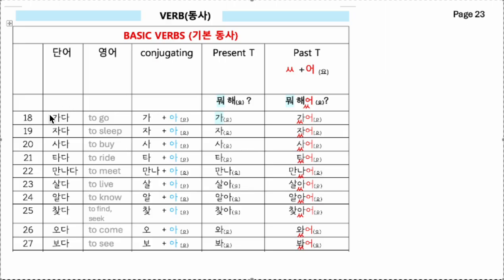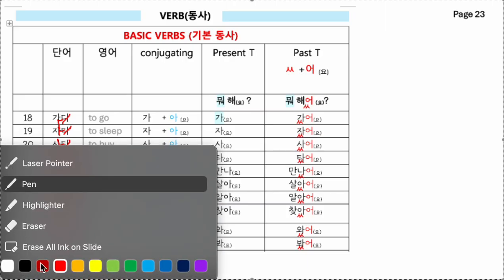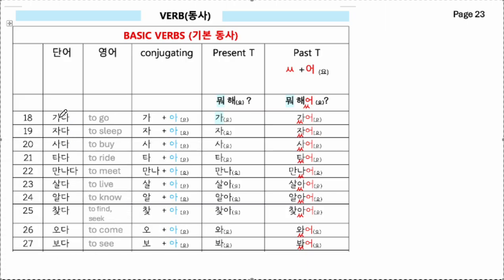So if the last vowel before 다, if the last vowel ends with either 아, like in this case, or 오, see, here's 아, 가다, 자다, 사다, 타다, 만나다, 살다, 오다, 보다. If they all end in either 아 or 오, then after the stem you add 아요. So what is the stem?